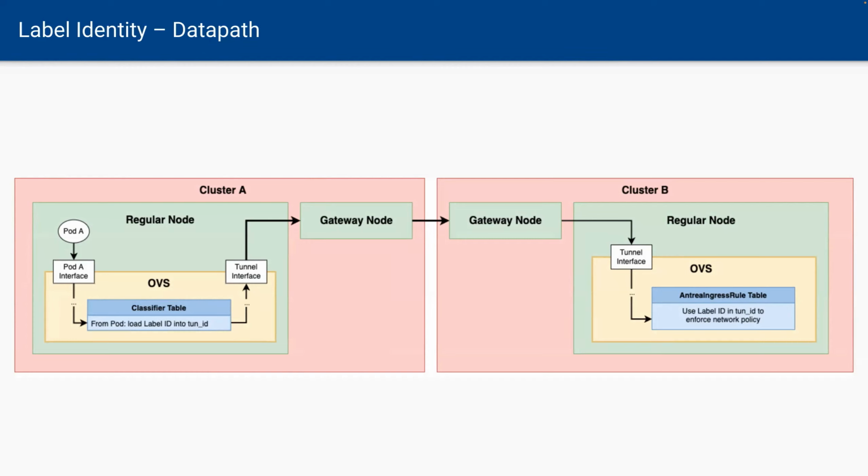Then on the receiving end, we also have an Antrea ingress rule table, which enforces rules based on label identity ID if there are any Antrea ACNPs or ANPs applied to these pods.